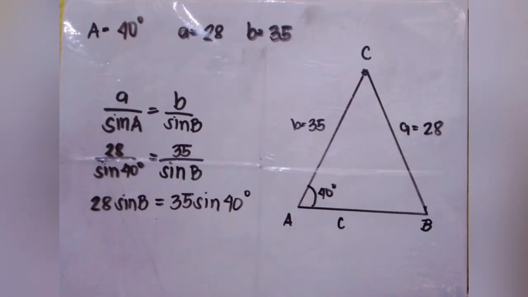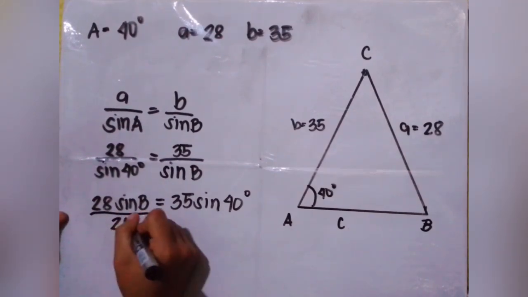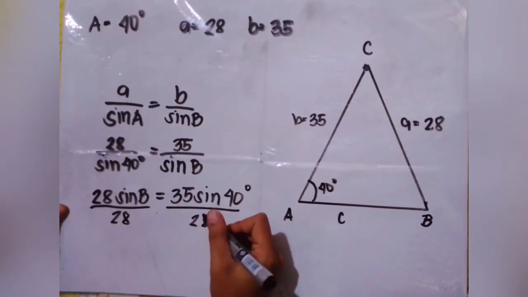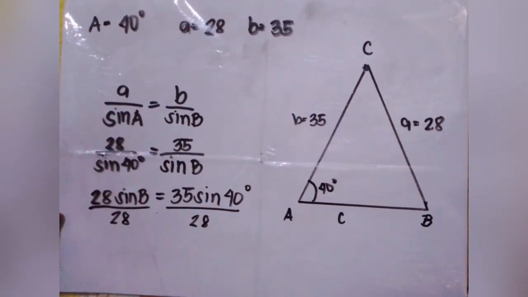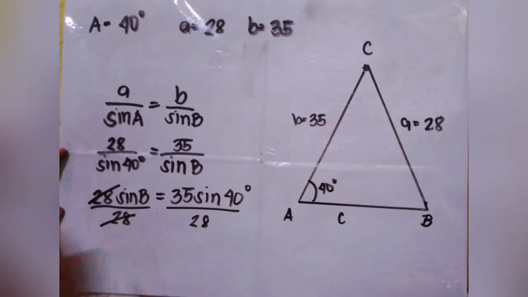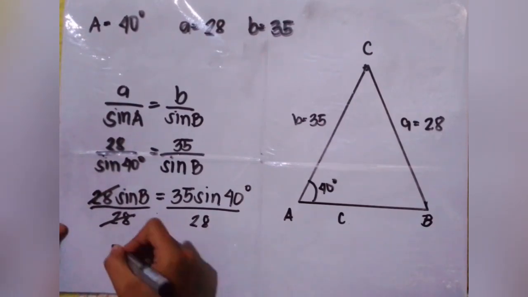Then, to solve for sine B, divide both sides by 28. Then, cancel. In getting the angle B, use the inverse sine.